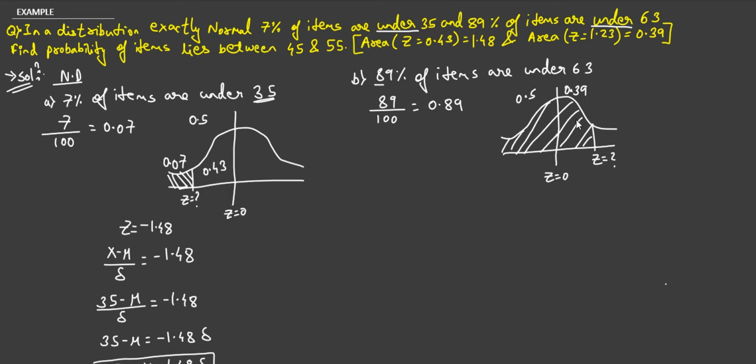This shaded area from Z equal to 0 to this point is 0.39. You may be wondering why I didn't take the area for 0.89.